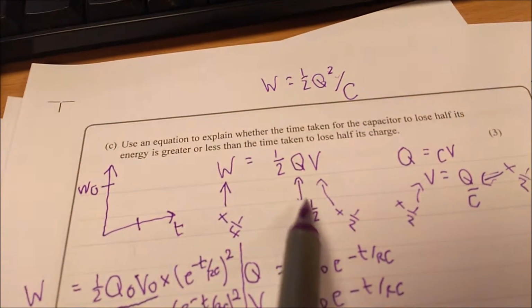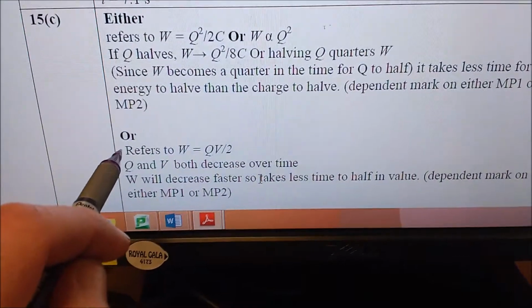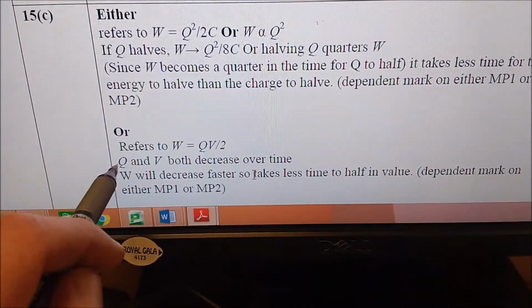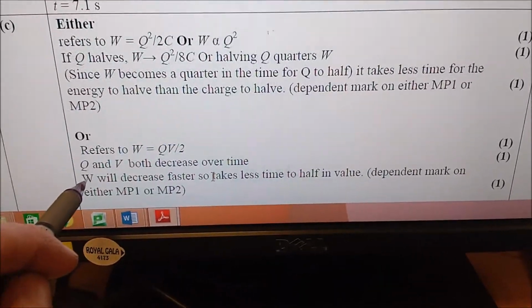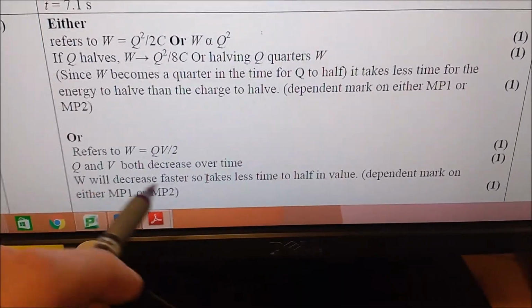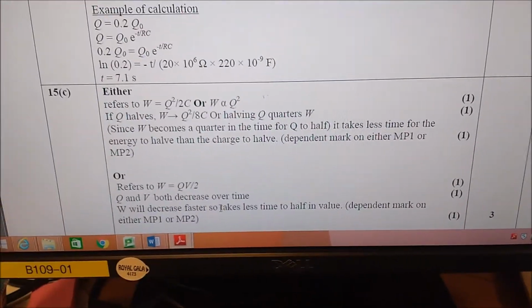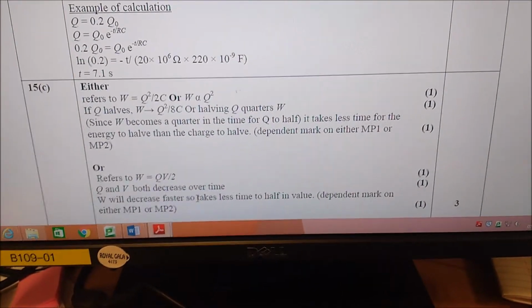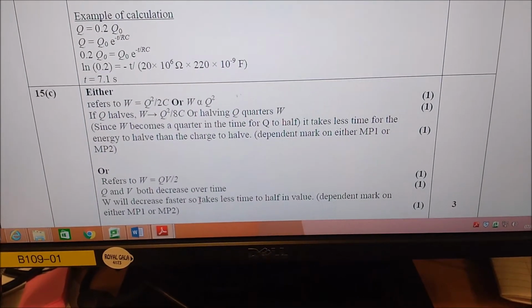I said Q decreases and V does, with reference to that equation over there. So this fits in with what I've said, and then an argument that V also decreases, and then similarly explaining that W will decrease at a faster rate, so it takes less time to halve. So a little bit tricky perhaps, that one, but if you've seen the mark scheme there, hopefully that makes sense.